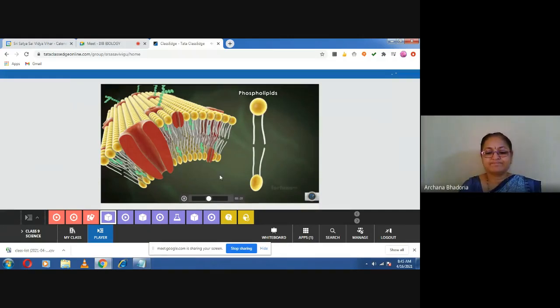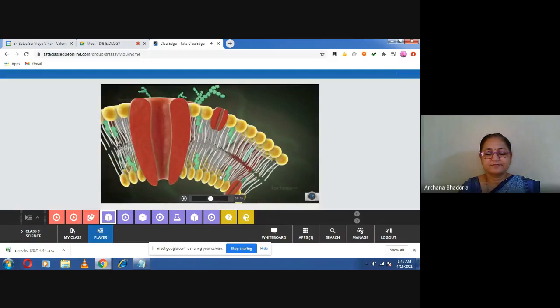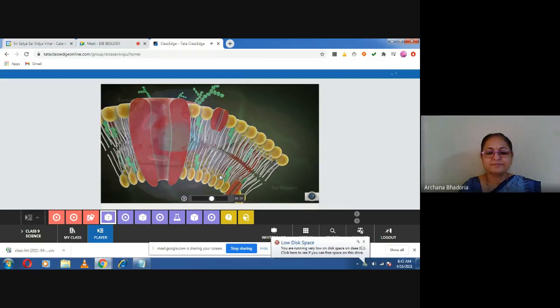Preventing polar molecules or ions, such as water soluble substances, from passing through them. Proteins comprise roughly 50% of the membrane's mass and are responsible for most of its properties.